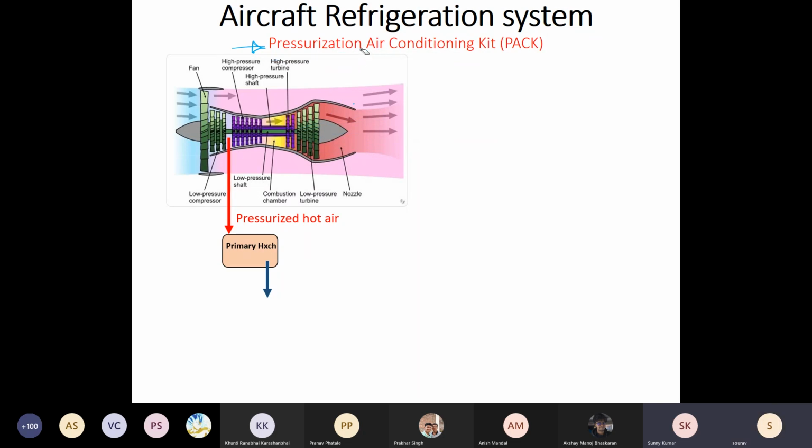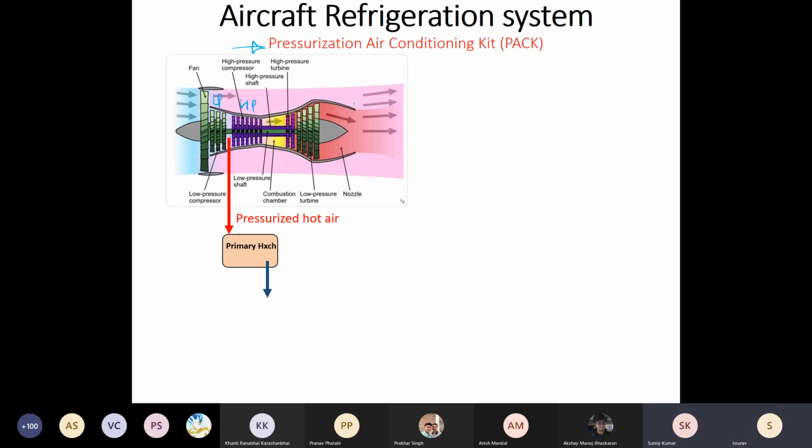So let's look at the process. As I told you, the compression in the engine happens in multiple stages. We have an LP and an HP stage, so a low pressure compressor and a high pressure compressor.